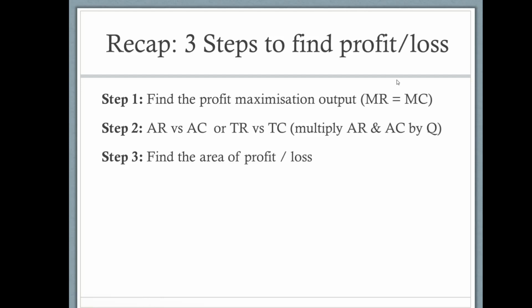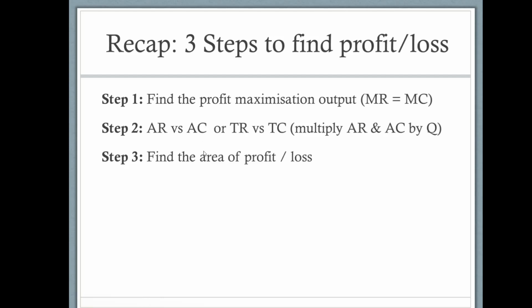After that, you are going to look at the area of total revenue and total cost if you are producing the output at profit maximization. So TR versus TC. Basically, it's just AR versus AC if you think about this using mathematics.